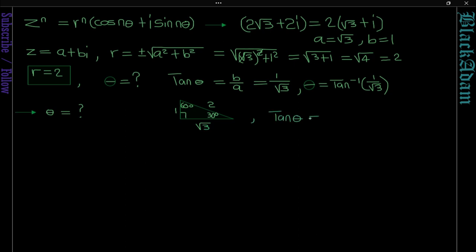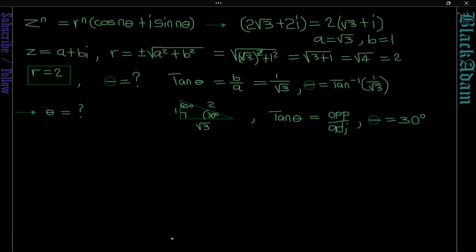Tan is opposite over adjacent, so that angle corresponds to 30 degrees. That means our theta is 30 degrees.